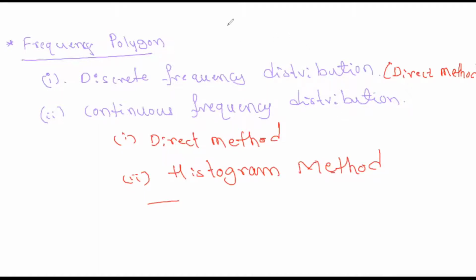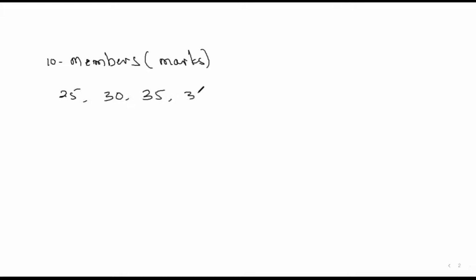See here, suppose I consider 10 members in my survey, and their marks in a certain exam. The first student's mark is 25, second student's mark is 30, third is 35, fourth is also 35, fifth is 36.